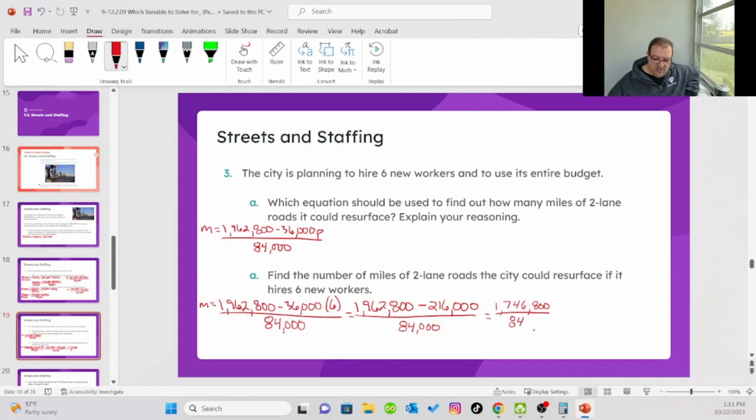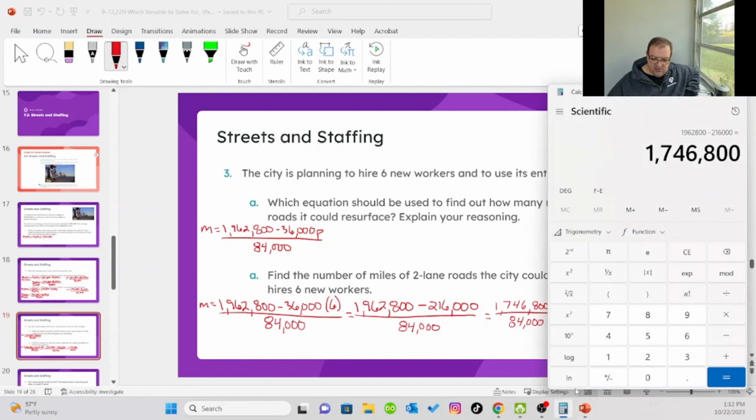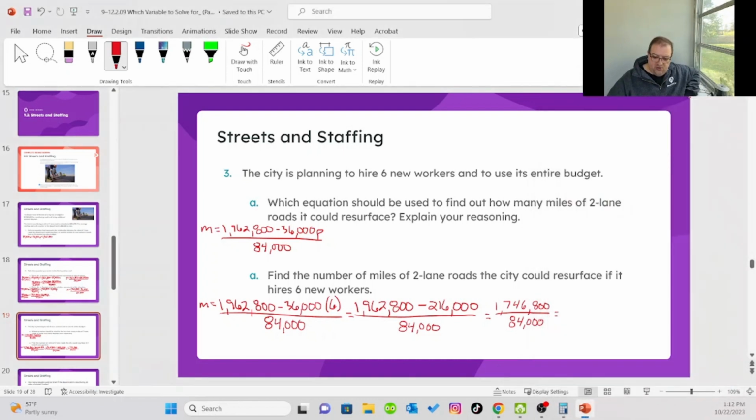Dividing that by the $84,000 per mile is approximately 20.8 miles of road.